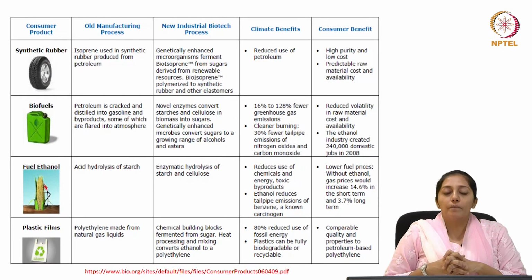The well-known biofuels, where ethanol is conventionally produced by acid hydrolysis of starch, can now be produced via biotechnology using enzymatic hydrolysis of starch and cellulose, thereby reducing the use of chemicals and energy or toxic byproducts release, and also fewer releases of greenhouse gases.